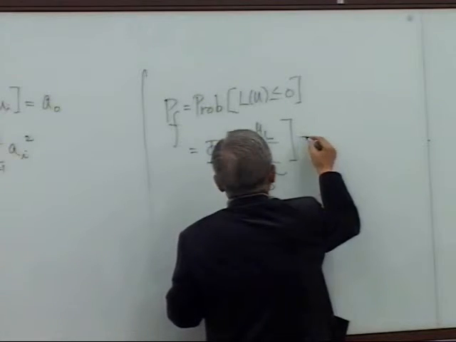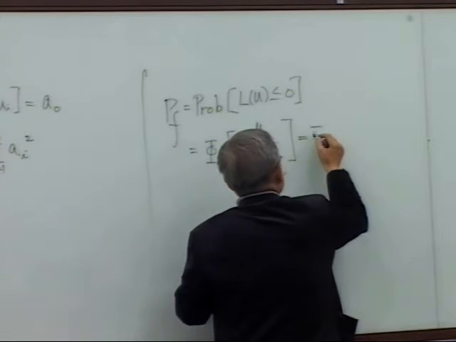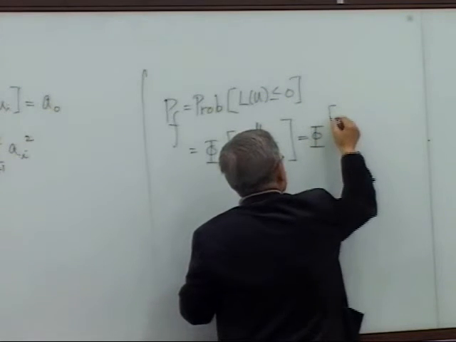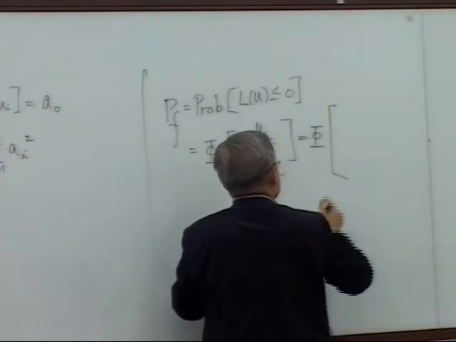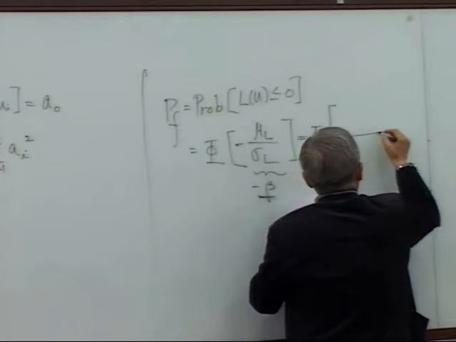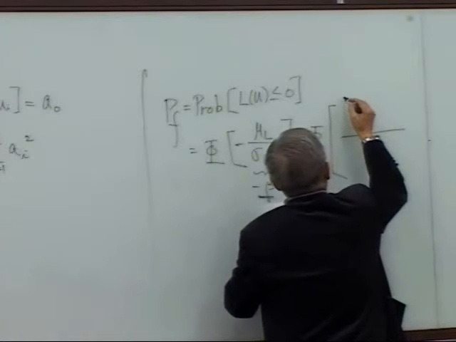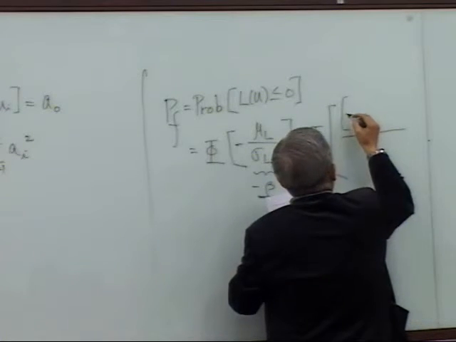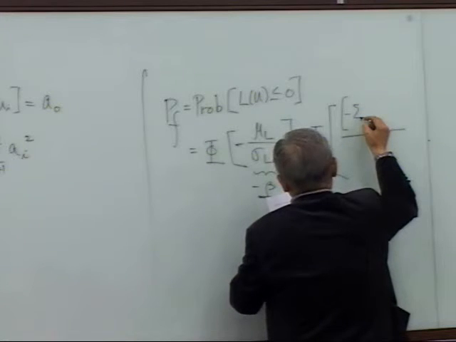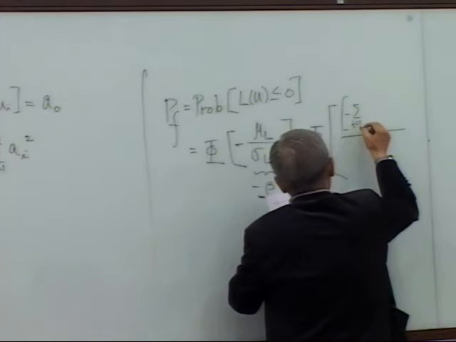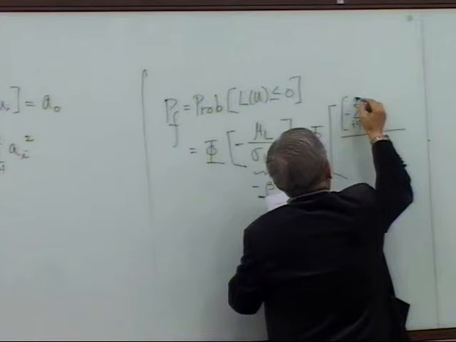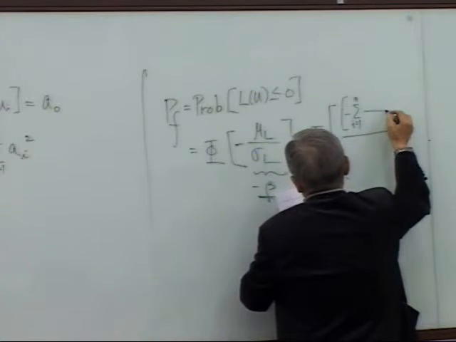So this is equal to phi of this portion. If I spell out, this is what you will end up programming to evaluate.